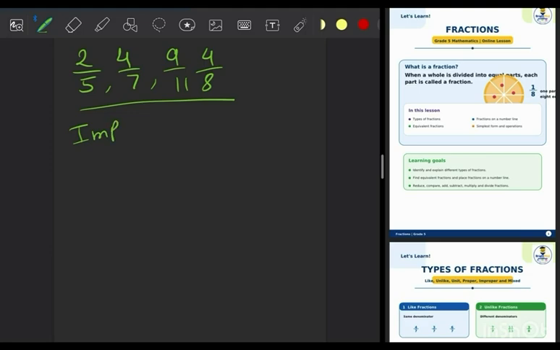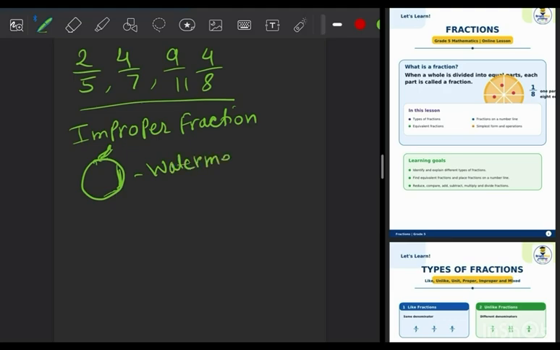Now we'll go to the improper fraction. I will draw here again a big watermelon, and down below a small apple.